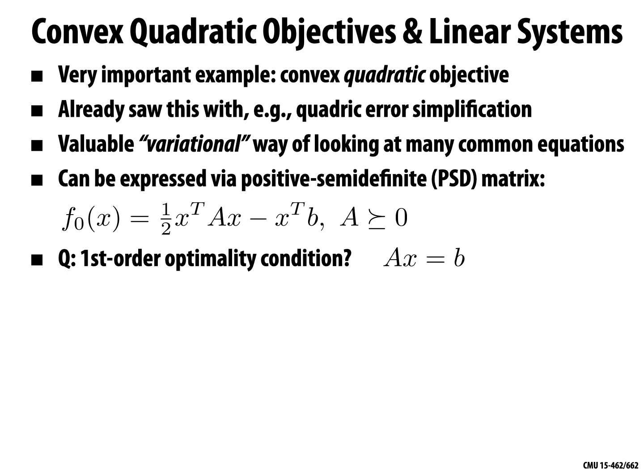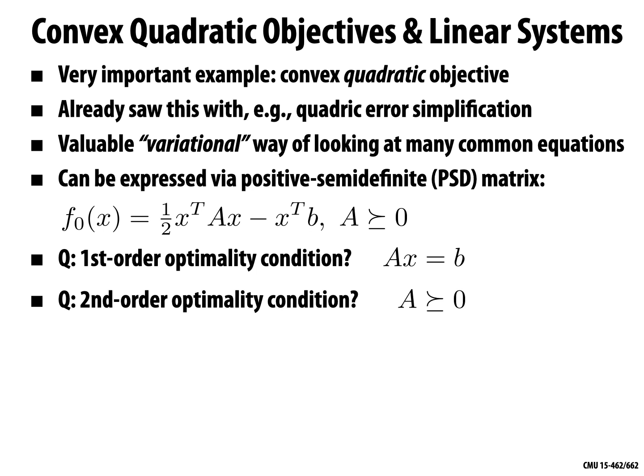So basically I just peel off this last x factor and I'm left with the matrix A, and I ask that it is positive semi-definite. So now I know that for a vector x to be a minimizer of f naught of x, I have to find an x such that Ax equals b and such that A is positive semi-definite.